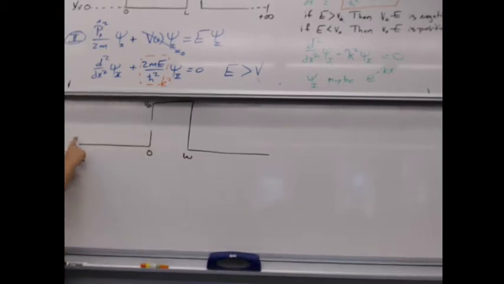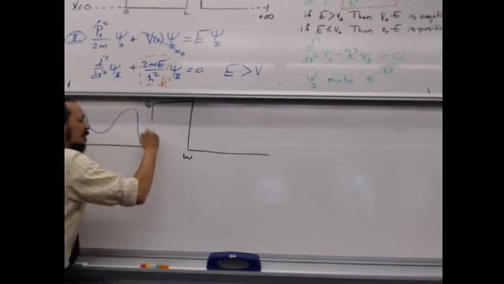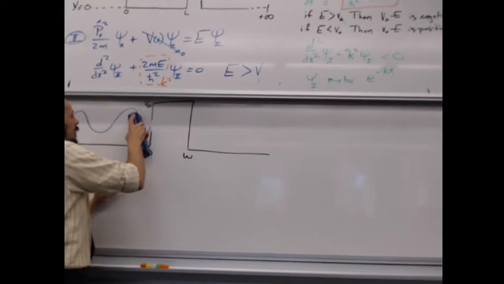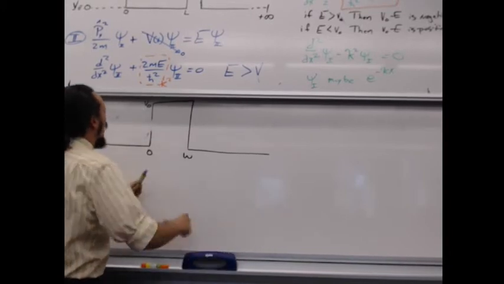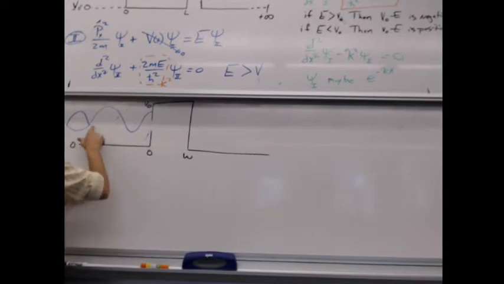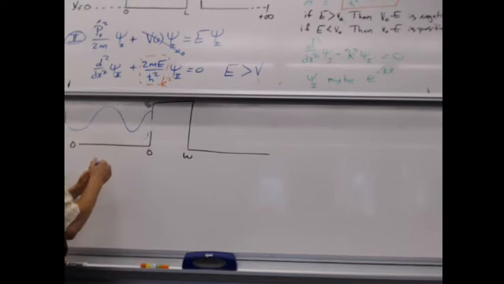So in this region, where my potential is 0, I'm going to have some oscillation. I want to change this oscillation a bit. I like that one better. I'm going to have some oscillation.